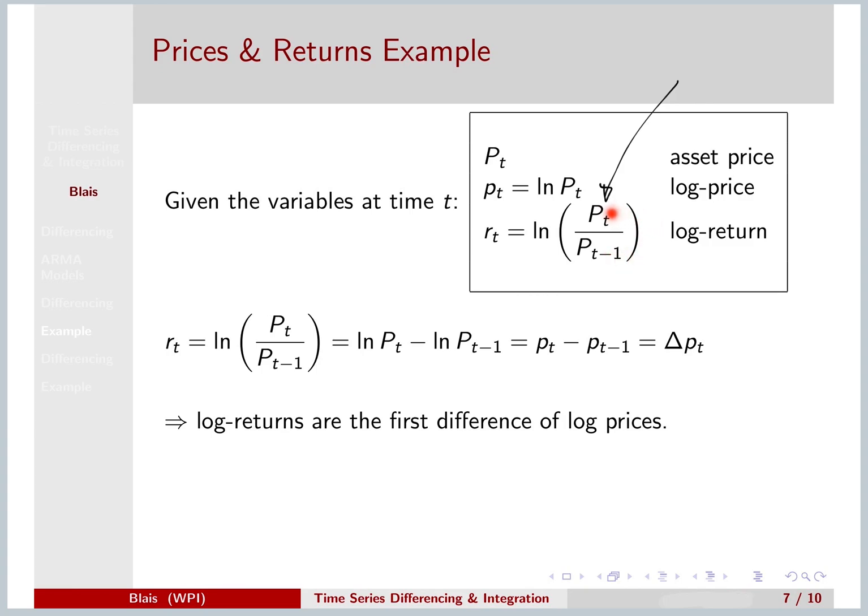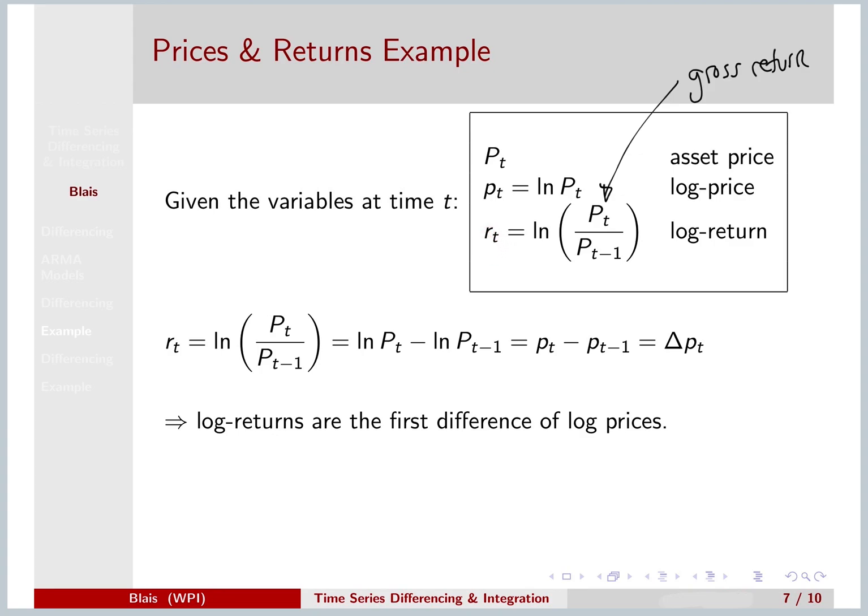So you would say the value of your asset has increased by 10% between time t minus 1 and time t. In that case, 110 over 100 is 1.1. So what we have here is what we call the gross return on the asset. And when we take the natural log, that gives us the log return.